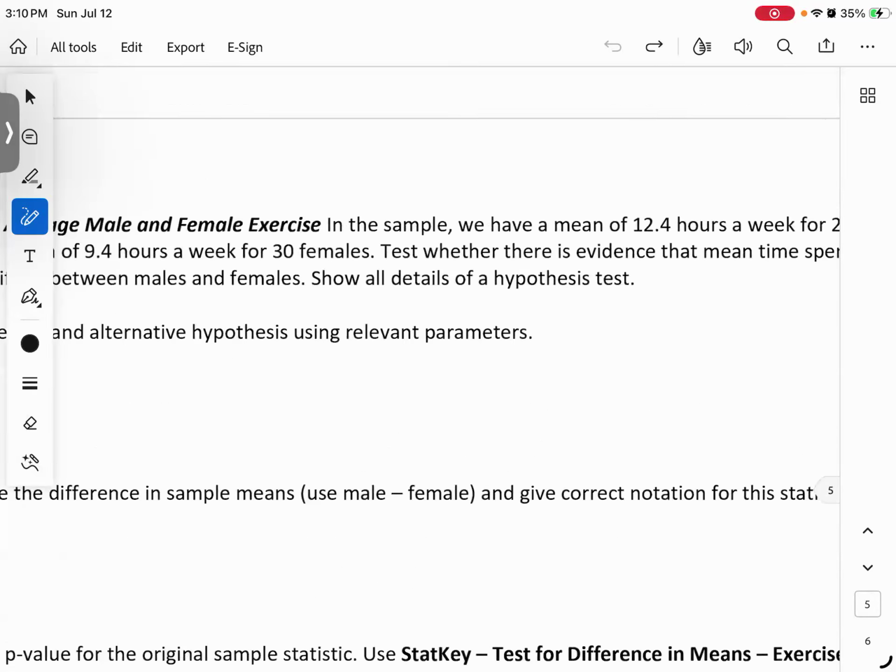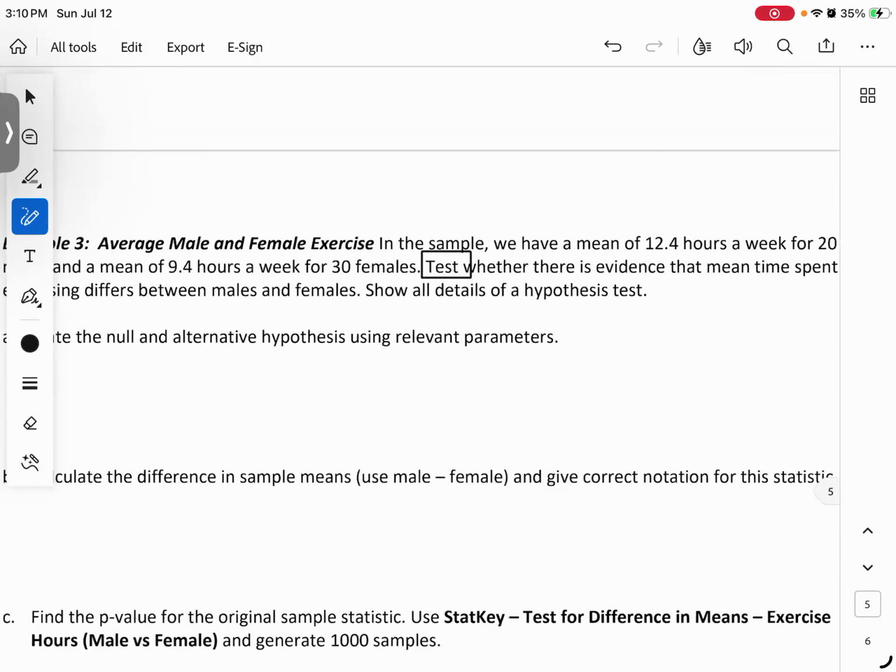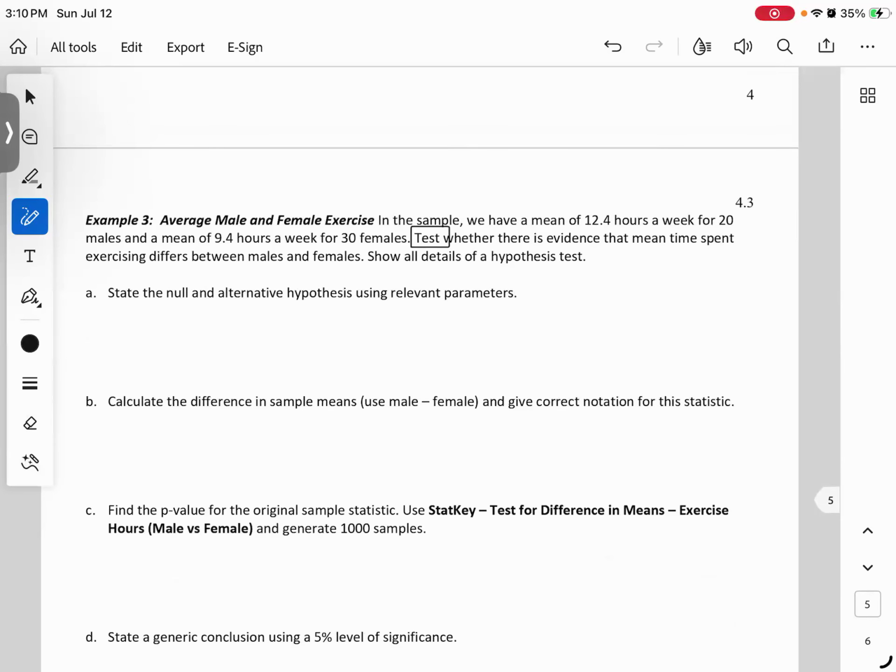And here's the test. They want to test whether there's evidence that the mean time spent exercising differs between males and females. So, based on those samples, is that enough to say that males exercise more than females, or vice versa?